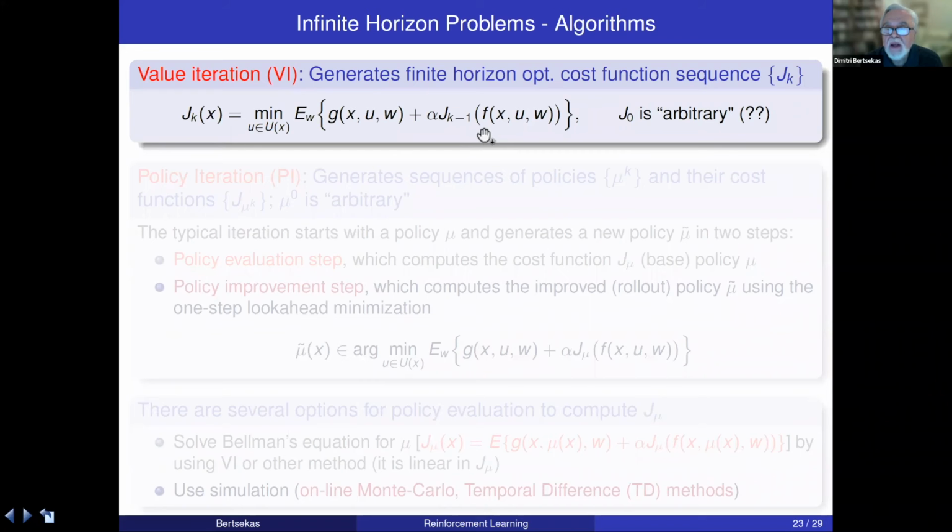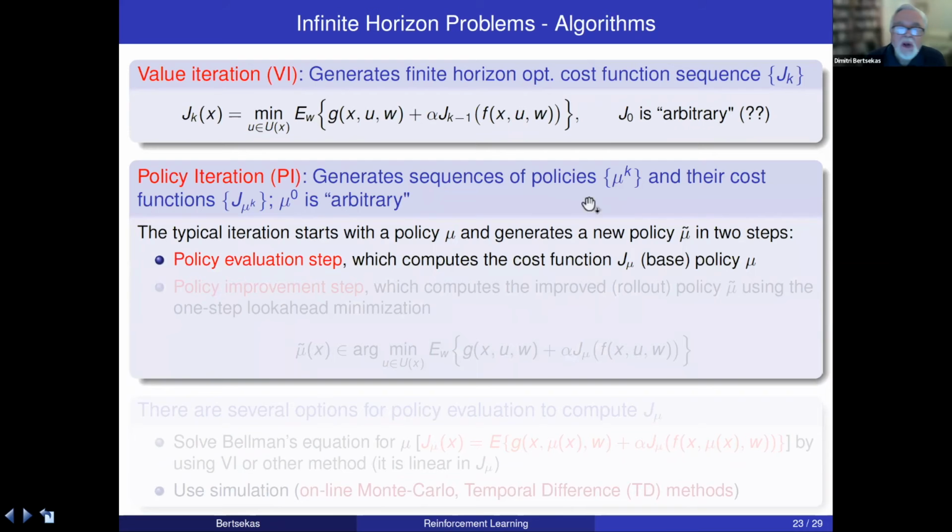And it turns out that this algorithm is often valid even for an arbitrary J0, or from a convenient class of functions J0 to start. So even for almost arbitrary initial function, you crank forward these functions and that's the value iteration algorithm, and you expect it to converge to J star. And I put some question marks here because that's not always true, although it will be true for the problems that we're going to be discussing.